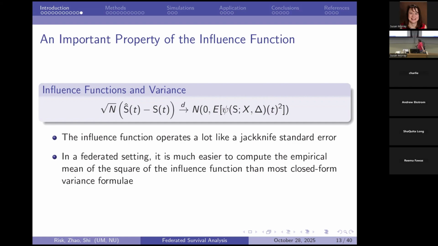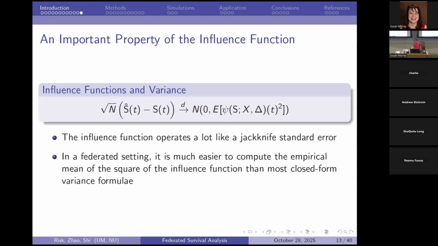Which means that the influence function operates a lot like a jackknife standard error estimate, which means that if you know the influence function, it's really easy to estimate the variance of any sort of statistical estimator. And in a federated setting, this is particularly important because most of the closed form variance expressions that we have for Kaplan-Meier curves or other non-parametric survival estimates, most of those just can't be computed without having all of the data in the same place.